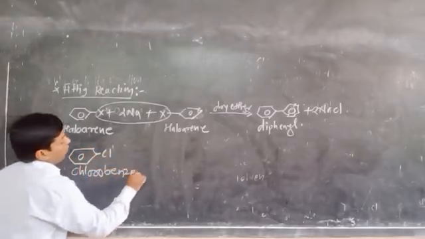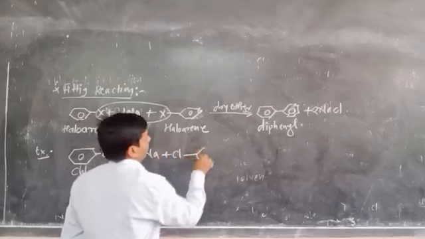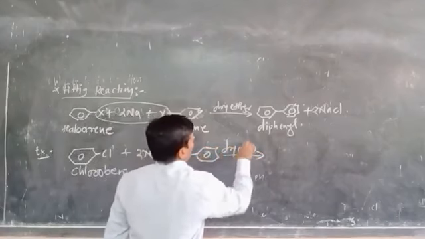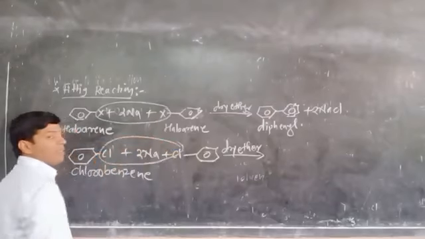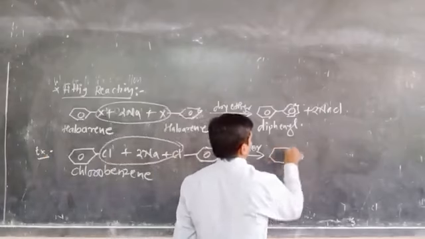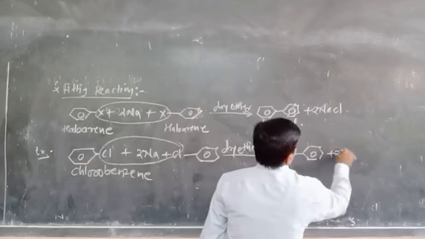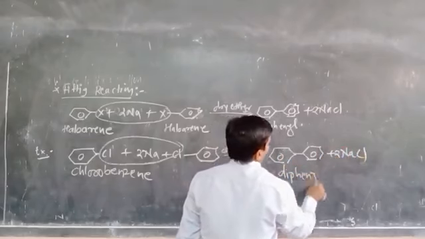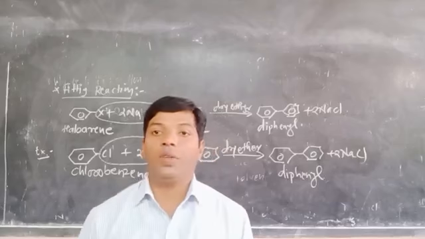I will take two molecules of chlorobenzene, treated with sodium metal in the presence of dry ether, undergoes reaction, elimination of NaCl takes place, and it gives diphenyl as a product, also called biphenyl. Diphenyl or biphenyl is the product. This is called the Fittig reaction.